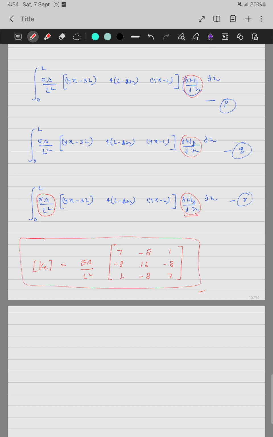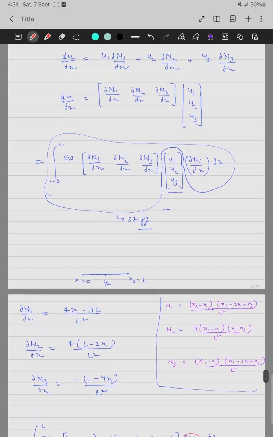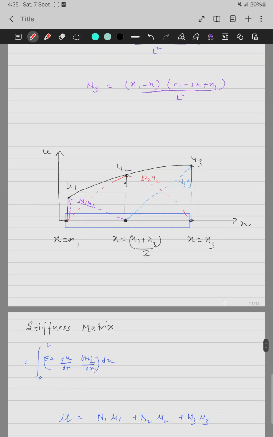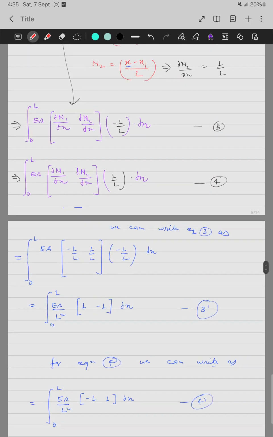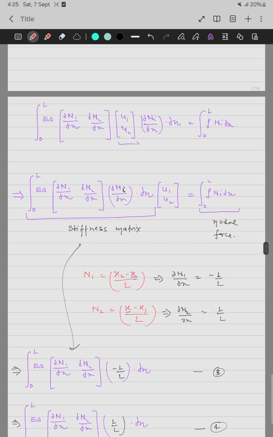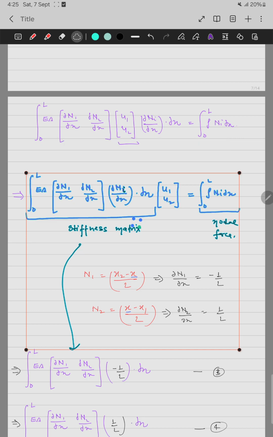Now as I showed you earlier, in our main equation we have the stiffness term as well as the nodal force term. Let me show that main equation. Here, I'm just copying it.